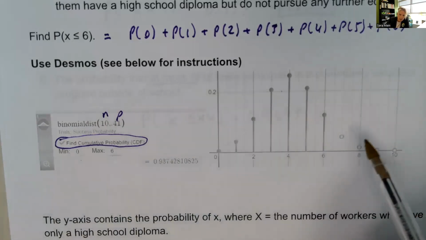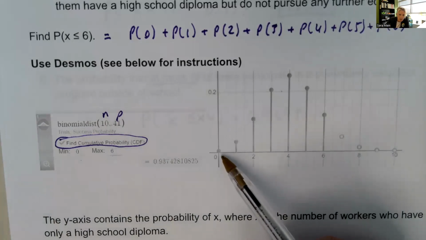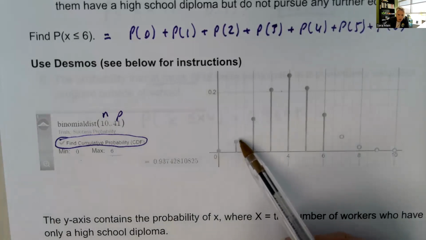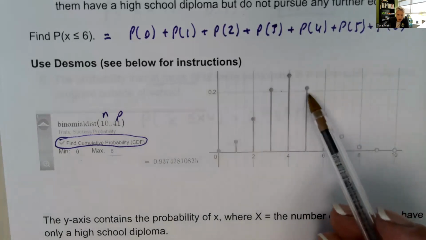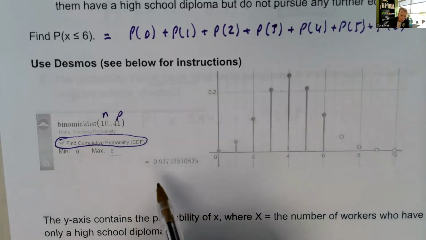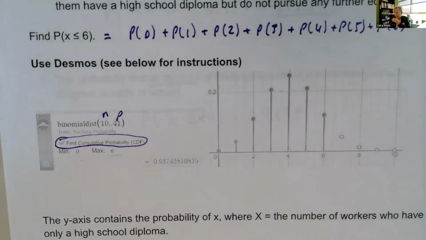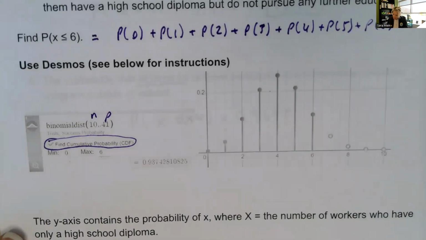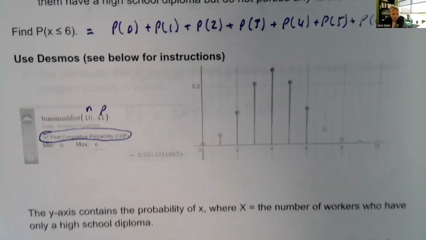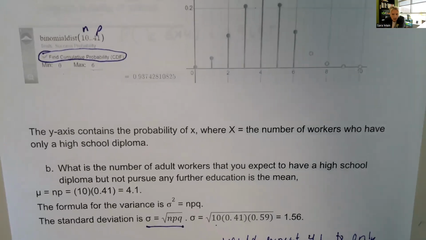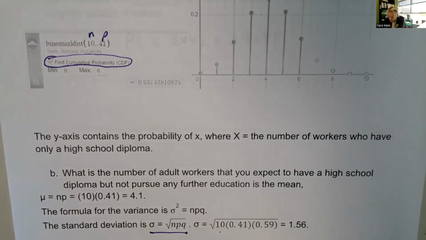And you can see the ones that it included in the graph in Desmos because it's colors in the circles, 0, 1, 2, 3, 4, 5, and 6. And that comes out to be 0.9374. The y-axis is the probability of X, and X is the number of workers who have only a high school diploma.